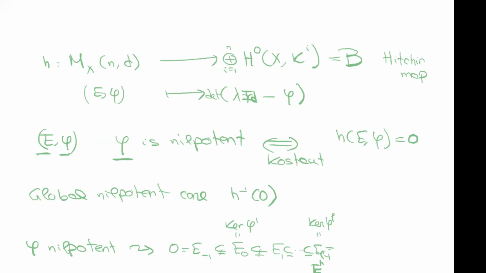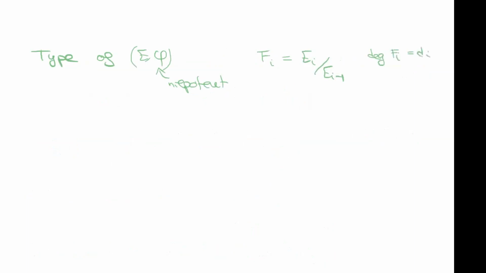And Laumon defined some invariants linked to this filtration, which he called the type. Associated to the filtration, we have the graded pieces, say F_i equals E_i mod E_{i-1}. The degree of F_i, say d_i, and the rank of F_i will be called n_i.